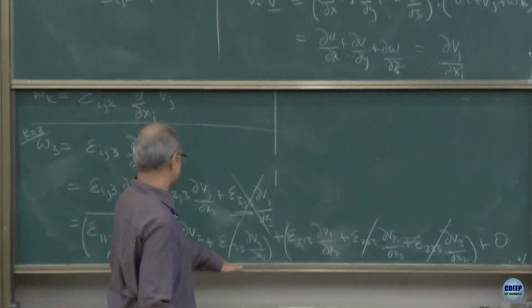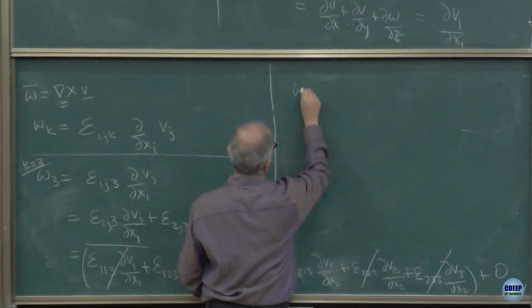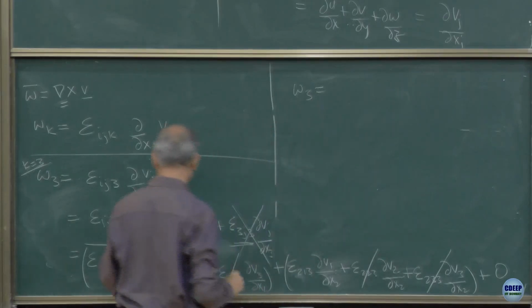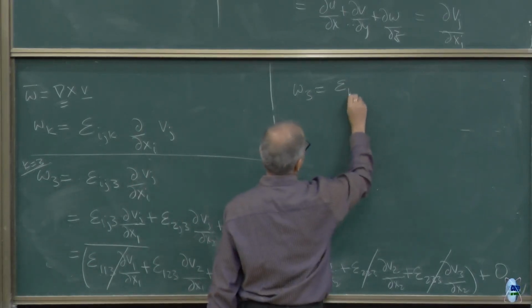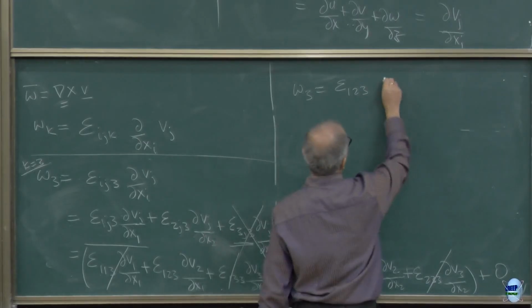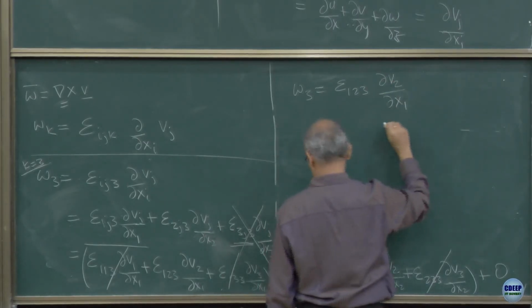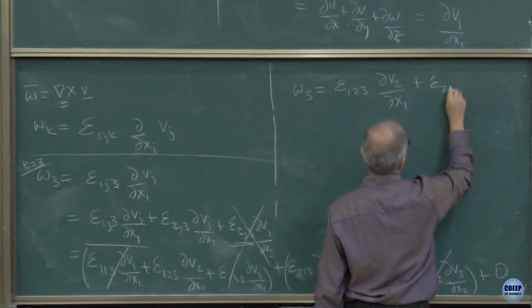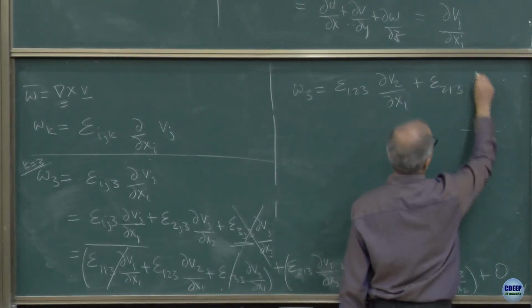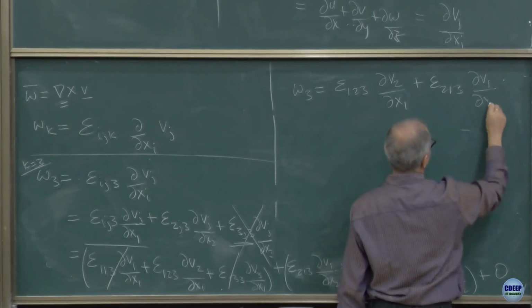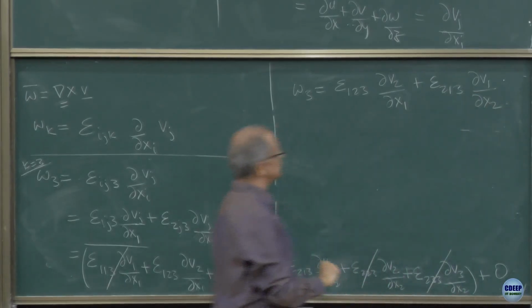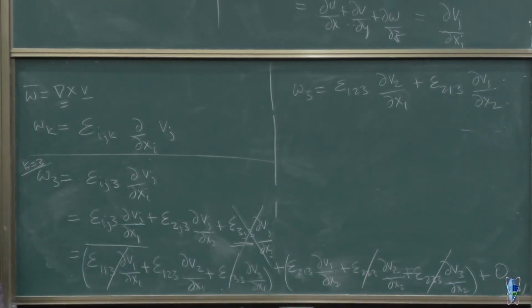Okay, so what do I get? Omega 3 is equal to epsilon 123 dou v2 dou x1 plus epsilon 213 dou v1 dou x2. Correct? So only the two terms which are non-zero, every other term is 0.